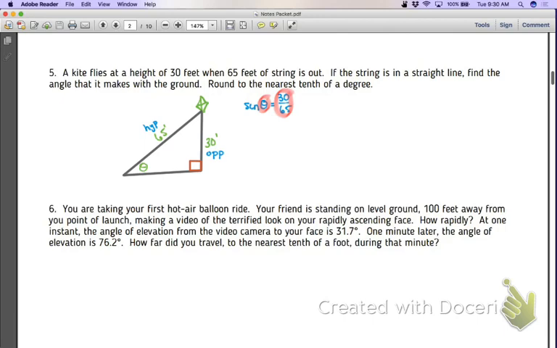Whenever I do that, I'm going to make it inverse sine of 30 over 65, which is going to give me my angle measurement. So instead of typing in sine of 30 divided by 65, it's going to be inverse or arc sine, whatever you want to call it.